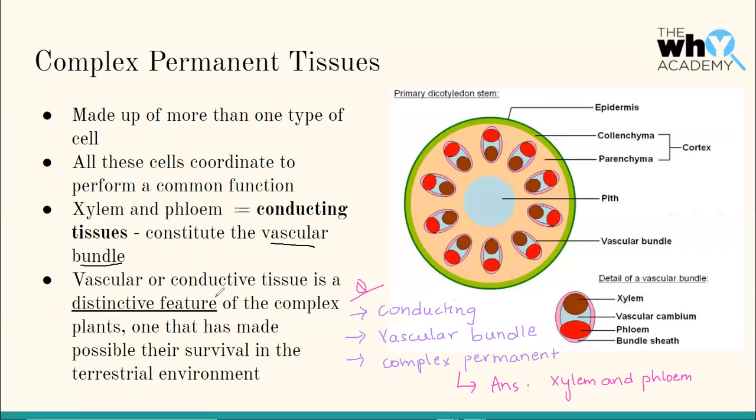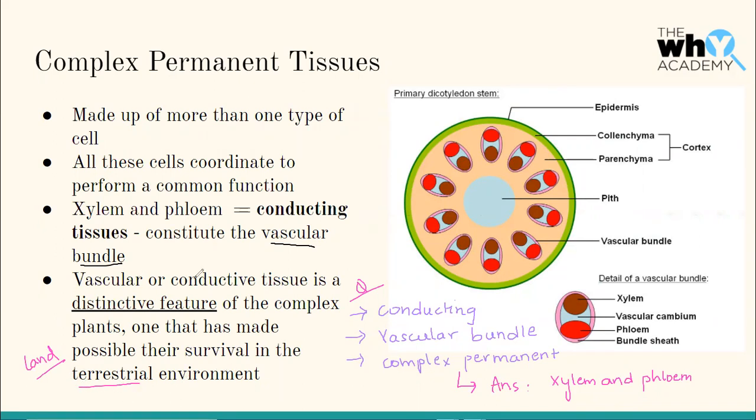Okay. Vascular or conductive tissue is a distinctive feature of complex plants, one that has made possible their survival in the terrestrial environment. Okay, terrestrial here refers to basically land. The other word for land is terrestrial, like another word for water would be aquatic, right? We call it like that.